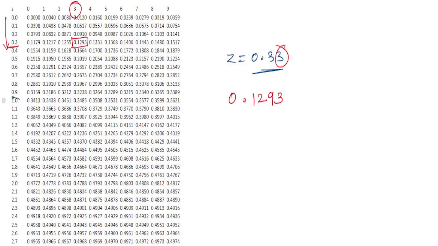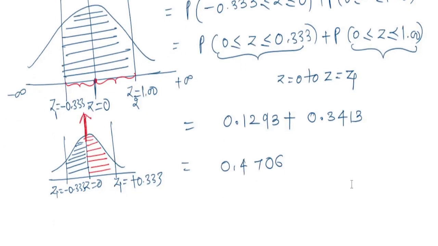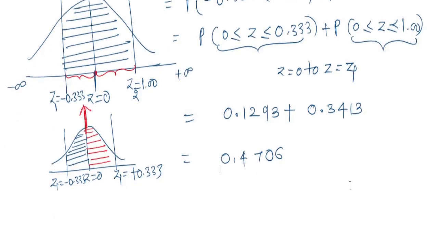So 1.0, in the zeroth column, the value is 0.3413. Let us write it in the example, 0.3413. So the addition becomes 0.4706. Now this is the probability for one tube which lasts between 4000 hours and 6000 hours.